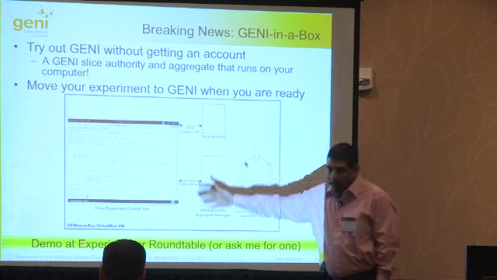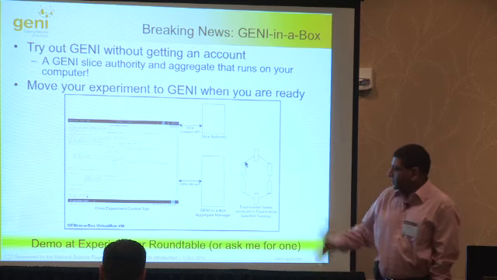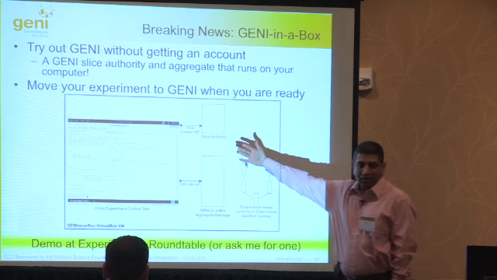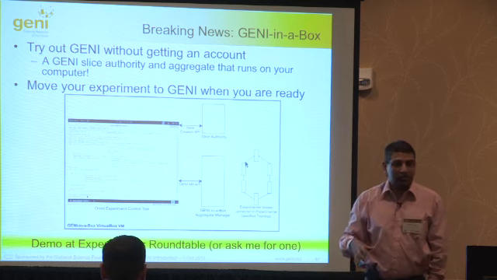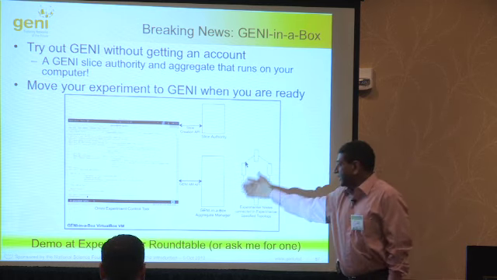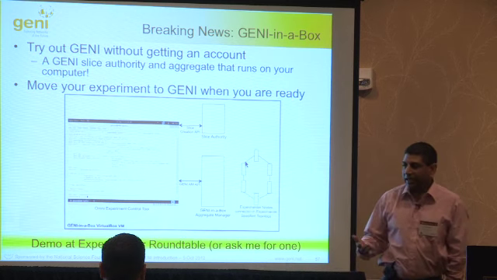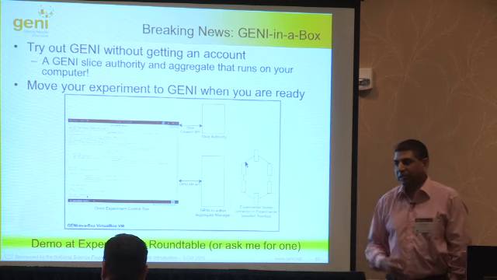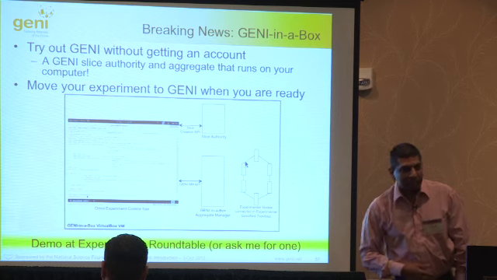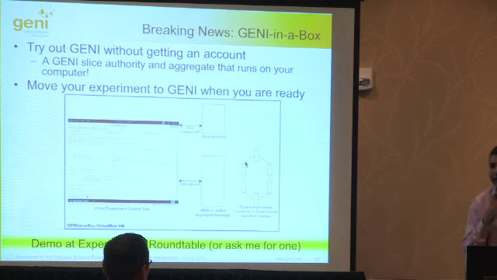It comes with Omni, which is an experiment control tool. So you can use Omni to talk to the slice authority that's running on your computer to create a slice, and talk to this one aggregate manager to get resources, essentially up to 6 virtual machines. So that's a way to get started with GENI. Obviously, this does not scale, and it's all running on your computer, so the measurements you take would not be very meaningful, but it's a way to get started.